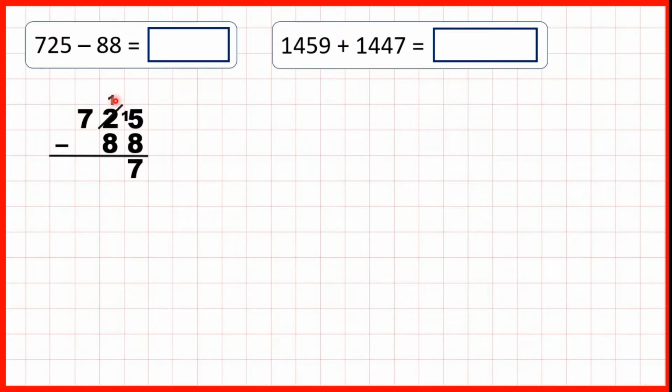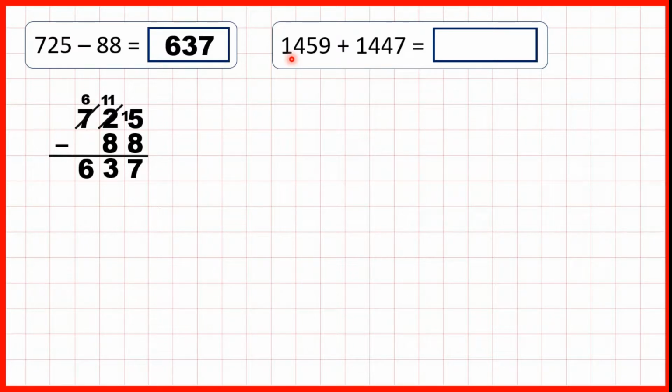Now we can't do 1 minus 8, so we go to the left, 1 less, 1 in front, and 11 minus 8 is 3, 6 minus nothing is 6, so our answer is 637.